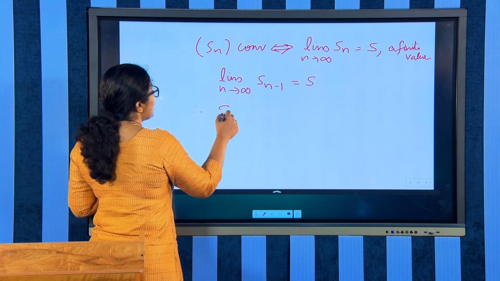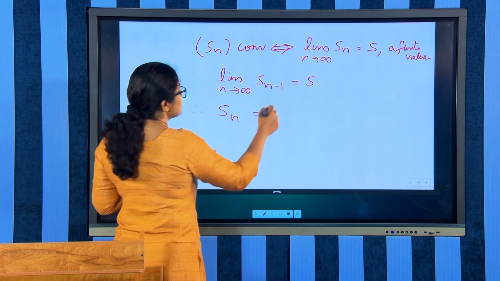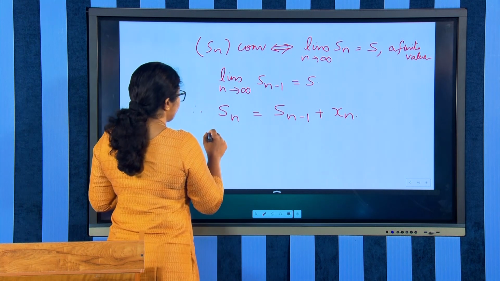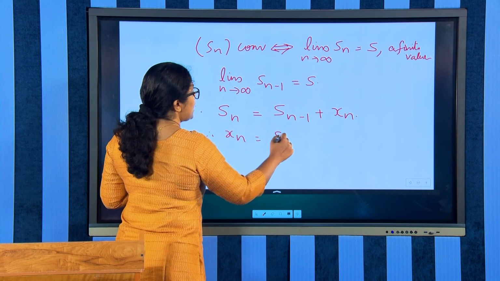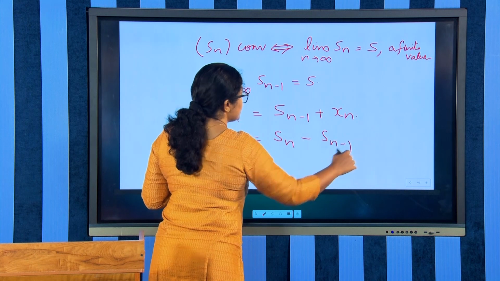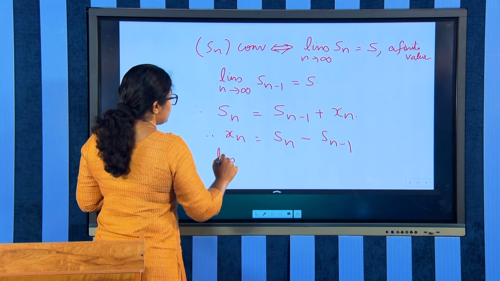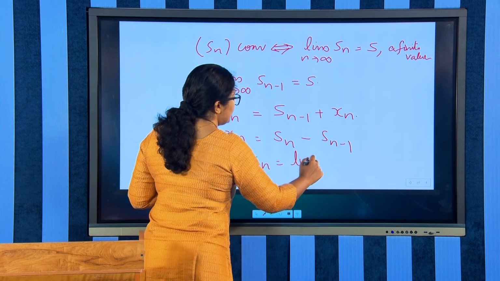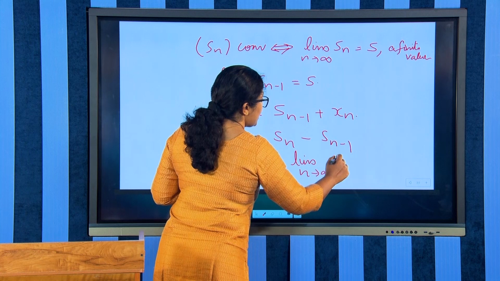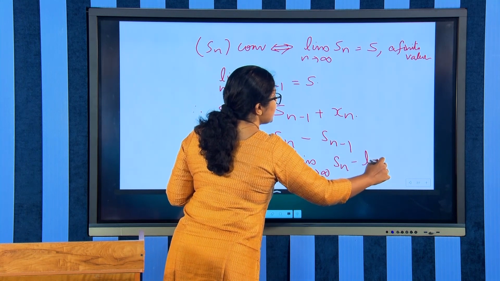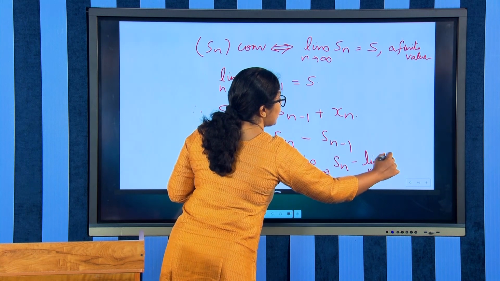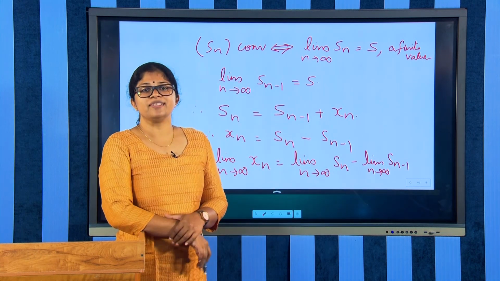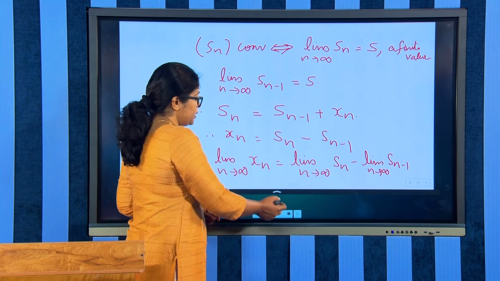And therefore, we have written an expression Sn is nothing but Sn minus 1 plus xn. Therefore, xn is equal to Sn minus Sn minus 1, and limit n tends to infinity xn will be nothing but limit n tends to infinity Sn minus limit n tends to infinity Sn minus 1, and both these being s, the difference will become 0 as is required in the theorem.